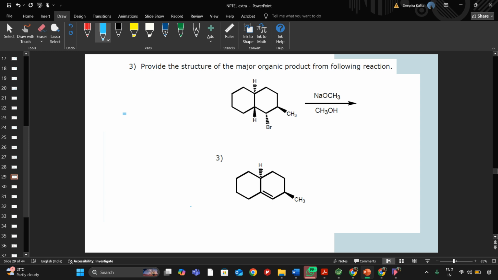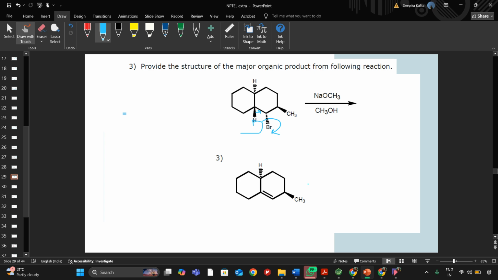Then we have this question from elimination reaction. Provide the structure of the major organic product from the following reaction. Here we have a strong base, that means we are going to get E2 elimination, and for E2 elimination we need the eliminating atoms in anti fashion. At first the base is going to extract this proton, then we'll have a double bond here, and the anti bromide is going to be eliminated.